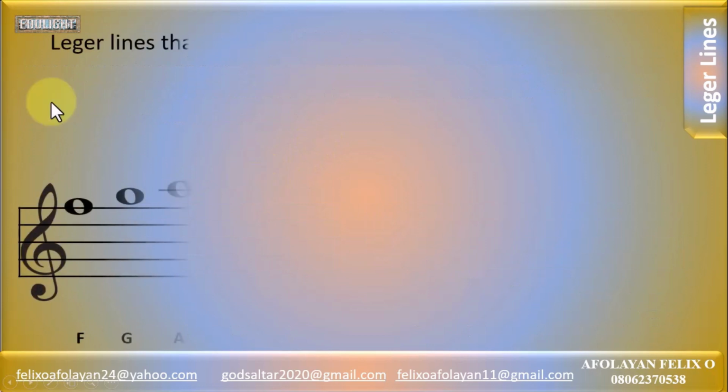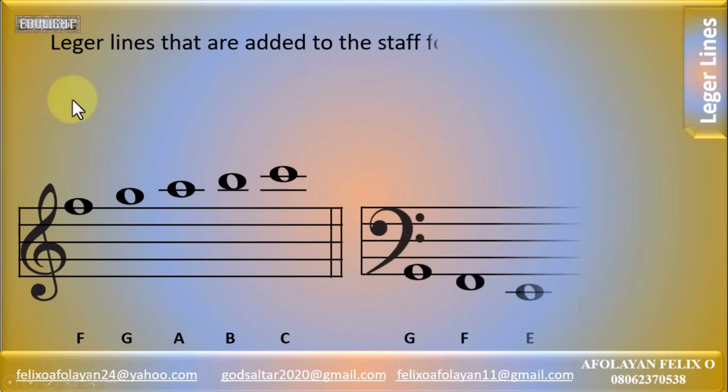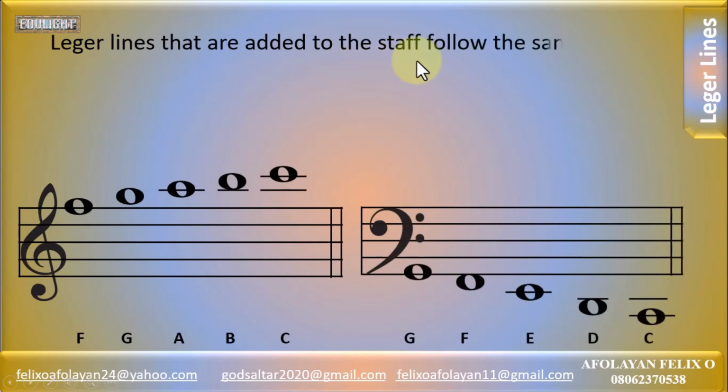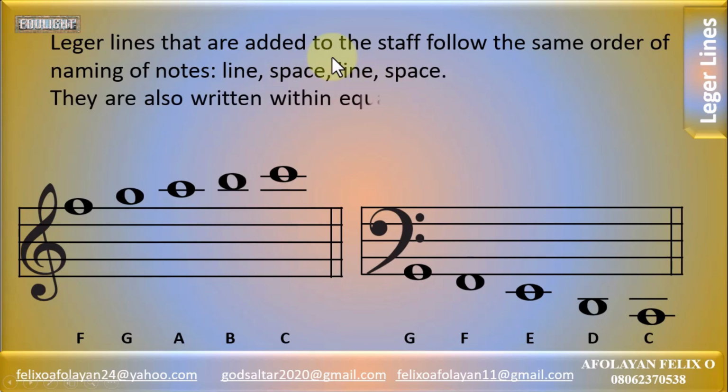Ledger lines that are added to the staff follow the same order of naming the note. Line, space, line, space. The same method, the same order of naming is going to follow.